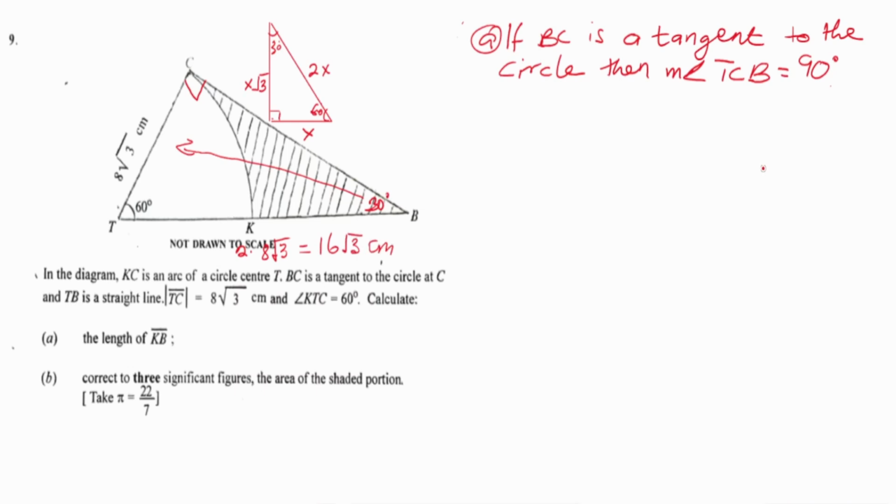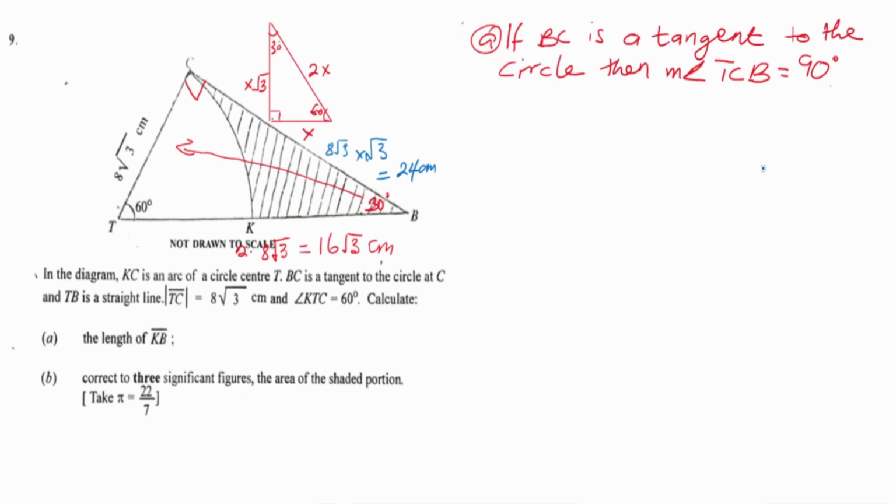Then the other side, BC, will be 8 root 3 times root 3, which gives us 8 times 3, which is 24 centimeters. That is for those who remember the special triangle properties.